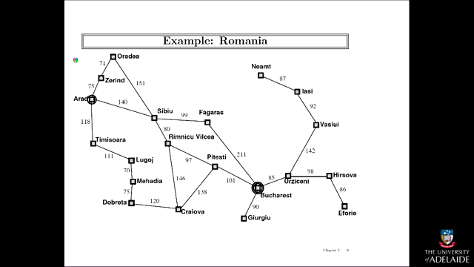Now, anyone like to suggest, is this the best path to take? How would you find out if that's the best path to take? Sorry? Well, exactly. So in this particular case, we can see fairly clearly that getting from there to there, that's a shorter path than the other option of going this way.